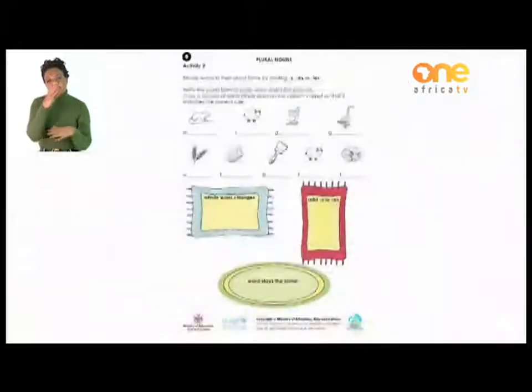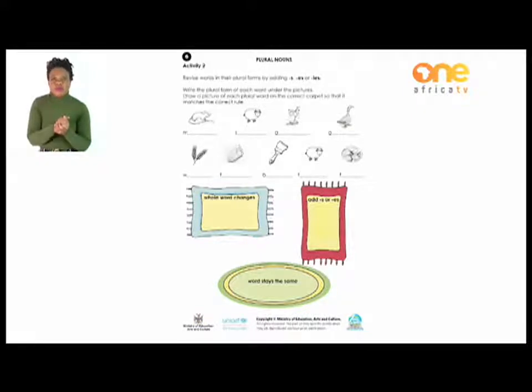Activity number 2. Write the plural form of each word under the pictures. Draw a picture of each plural word on the correct carpet so that it matches the correct rule. We are given pictures there, but your task is to write them in the plural form. The first picture, what is that thing that is being shown?